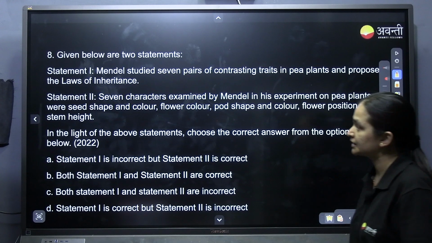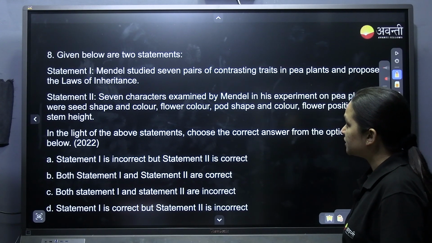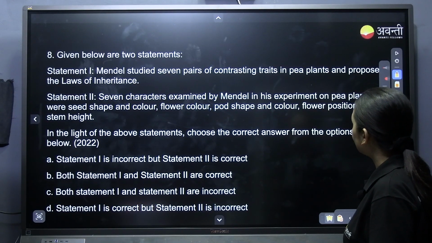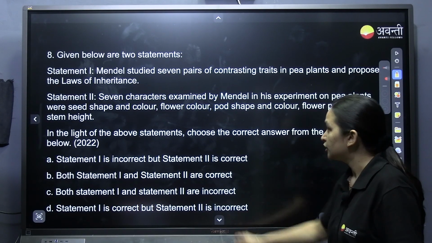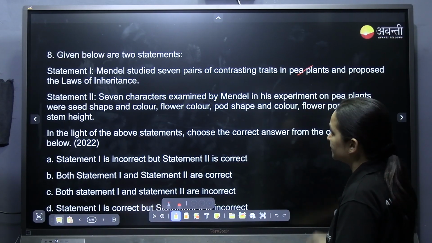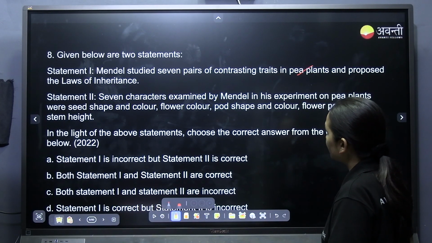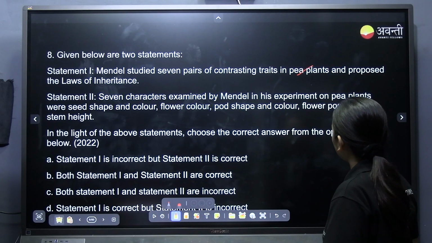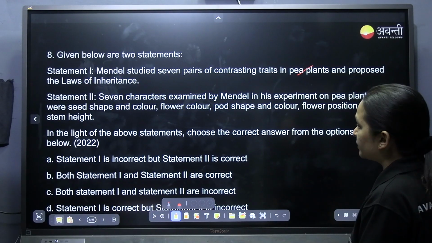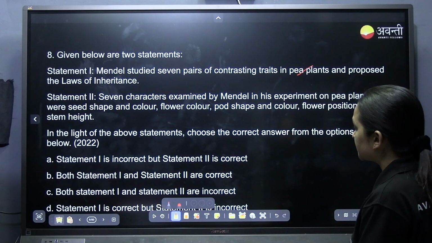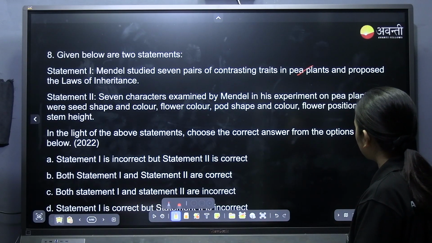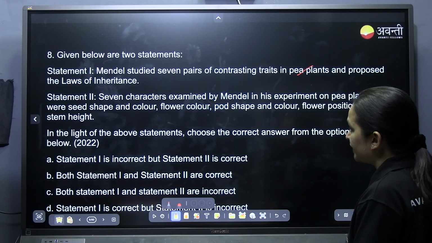Given below two statements. Statement 1, Mendel studied 7 pairs of contrasting traits in pea plant and proposed the law of inheritance. 7 pairs of contrasting traits, yes. The 7 characters examined by Mendel in his experiment on pea plant were seed shape, seed color, flower color, pod shape, pod color, flower position and stem height.